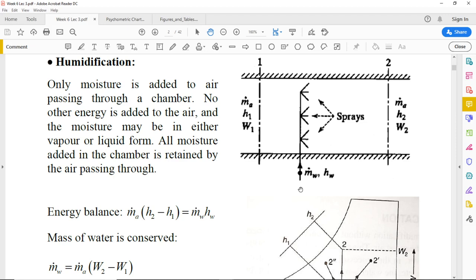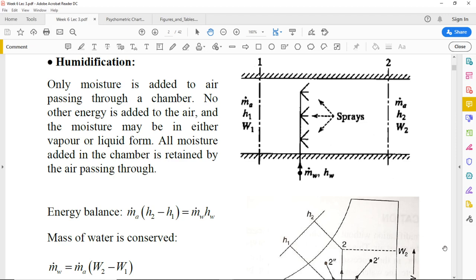It is assumed that all the water sprayed into the air stream is retained by the air as it leaves the duct, and the duct or chamber in which the humidification process is carried out is perfectly insulated, so there is no energy exchange with the surroundings.